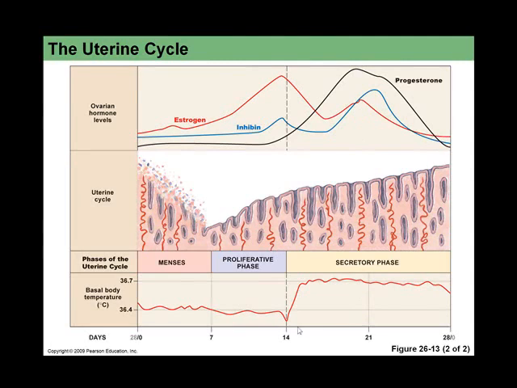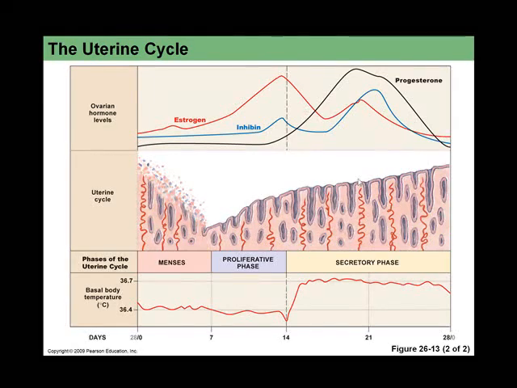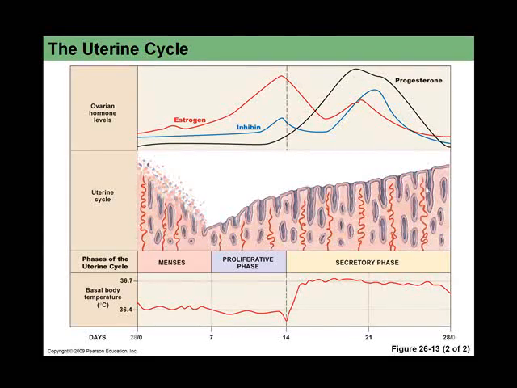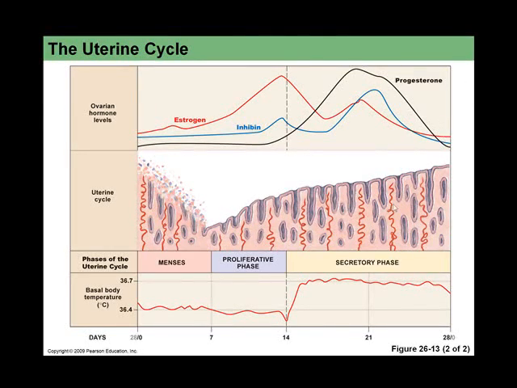Implantation would be occurring at about 6 days after fertilization, so you can see that the peak progesterone plasma level is about when you would expect implantation to occur. At about that same time the conceptus will begin synthesizing and secreting what's called human chorionic gonadotropin, which will sustain the corpus luteum, and therefore with pregnancy progesterone levels would remain high and sustain the endometrium.